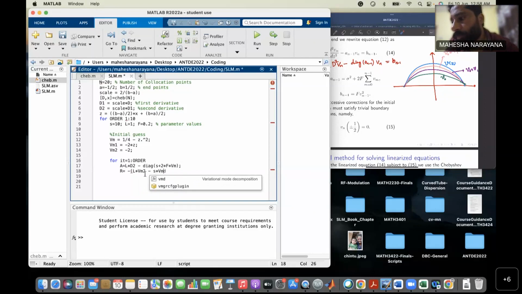So it's just a nonlinear differential equation. So the right hand side has been simplified to this form. Okay, so it has been simplified to this form.